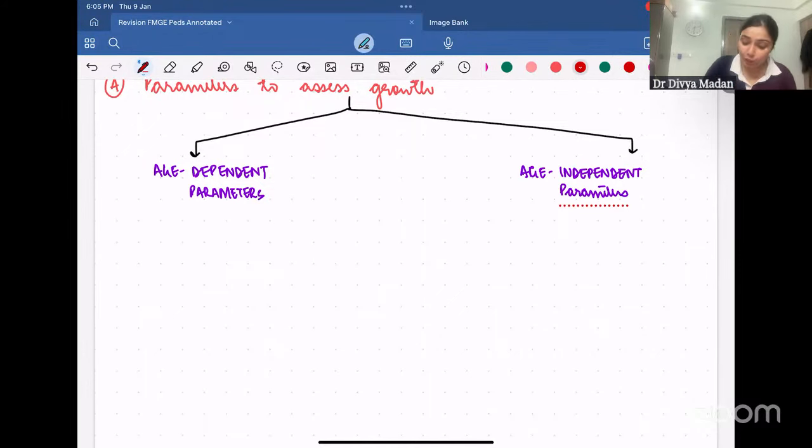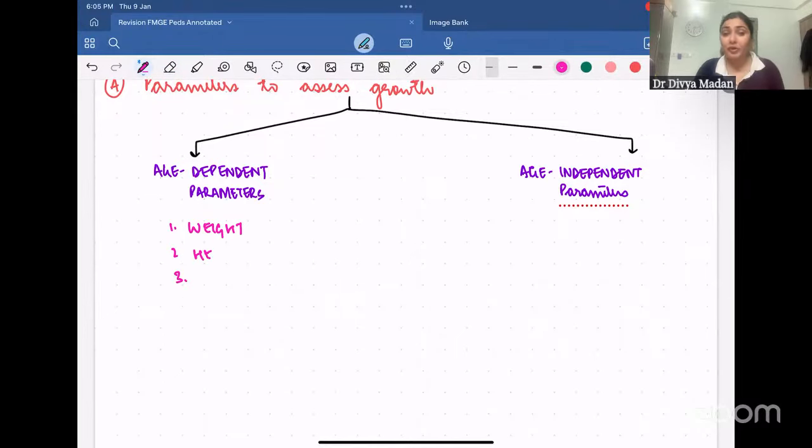So these are age-dependent parameters that are dependent upon the age of the individual, right? These include weight, height, and apart from that, BMI and head circumference, right?